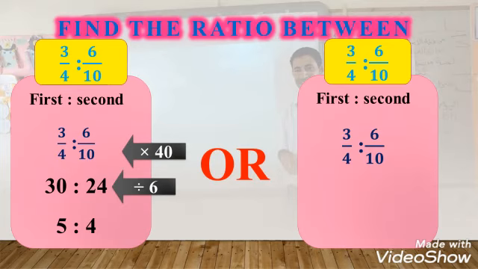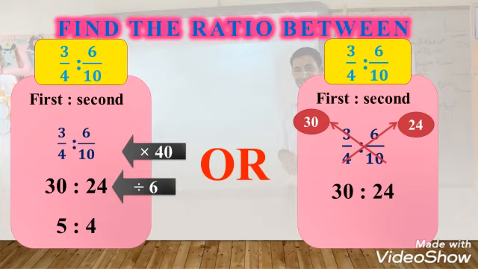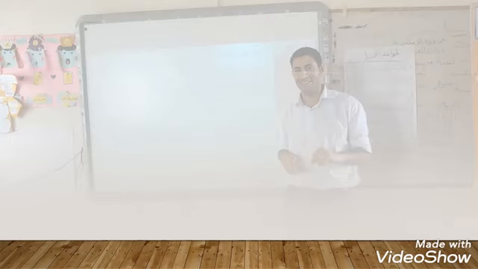We will do a multiplication operation by cross, the cross product, which we call scissors. So we start: 10 times 3, the result will be 30. 4 times 6, the result will be 24. Then we will treat with 30 and 24 in the same way, dividing by 6. The result will be 5 to 4.